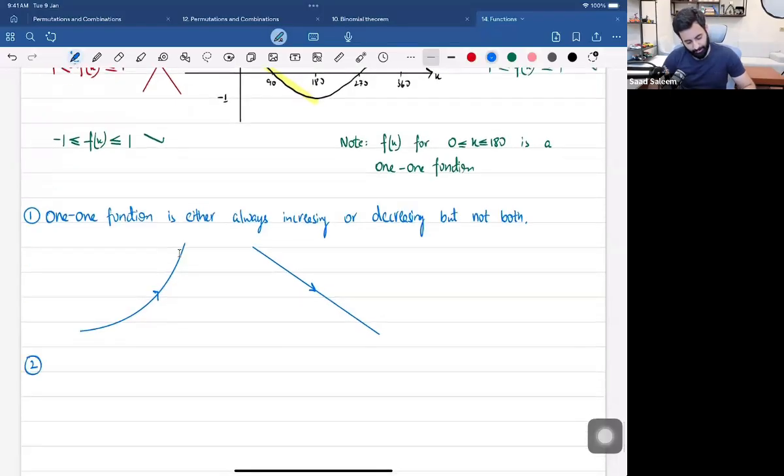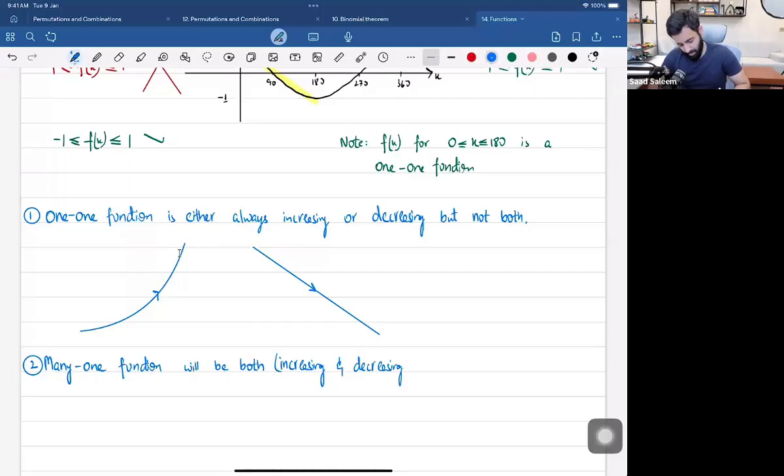On the other hand, a many-to-one function will be both. And what do I mean by both? Meaning it will be increasing and decreasing under a given domain.